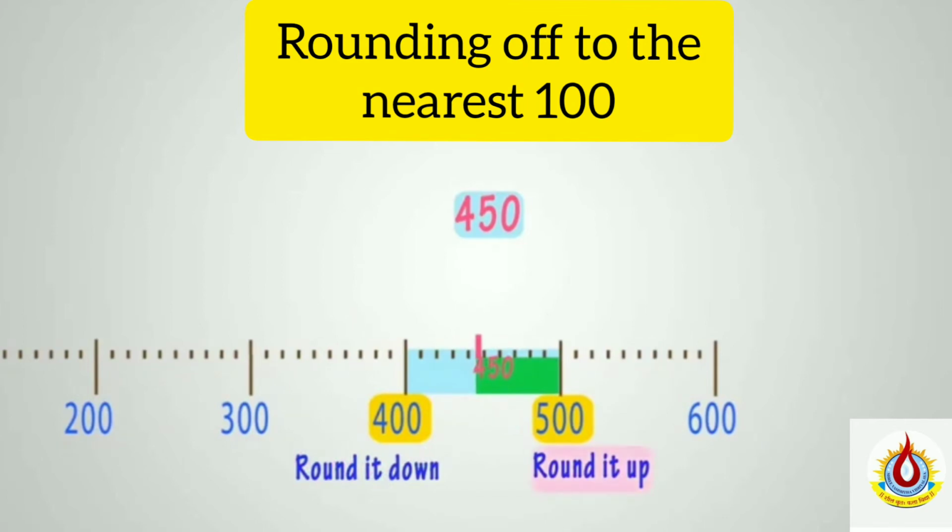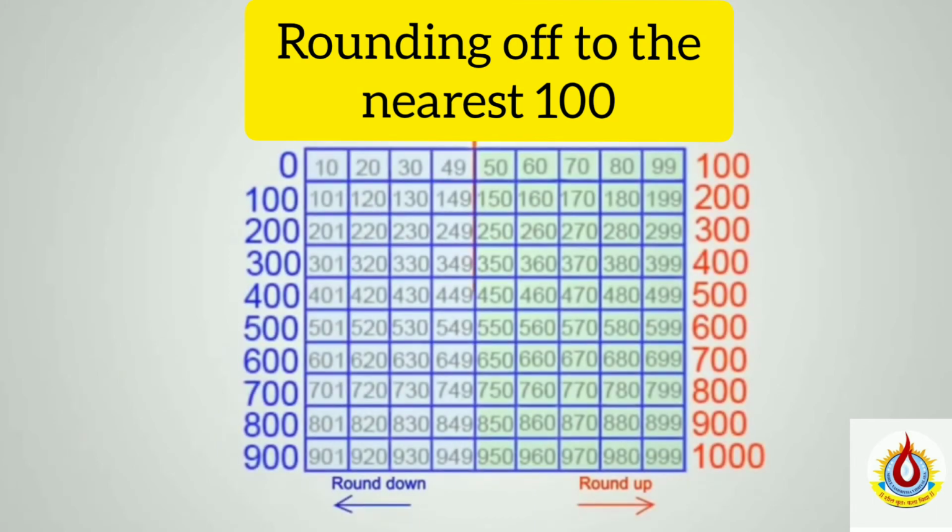Now look at this figure carefully. All the numbers between 0 to 49, we round down to 0. Numbers from 50 to 99, we round up to 100. Numbers from 101 to 149, we round down to 100. And numbers from 150 to 199, we round up to 200.